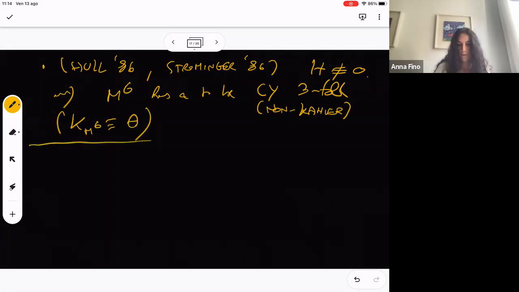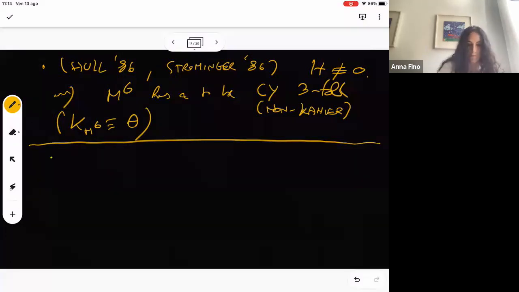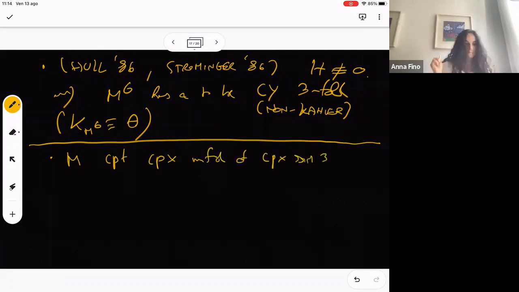Okay, so now let's formulate our system, the equations of the system. So we start with M, our M6, which is a compact complex manifold of dimension three with holomorphically trivial canonical bundle.